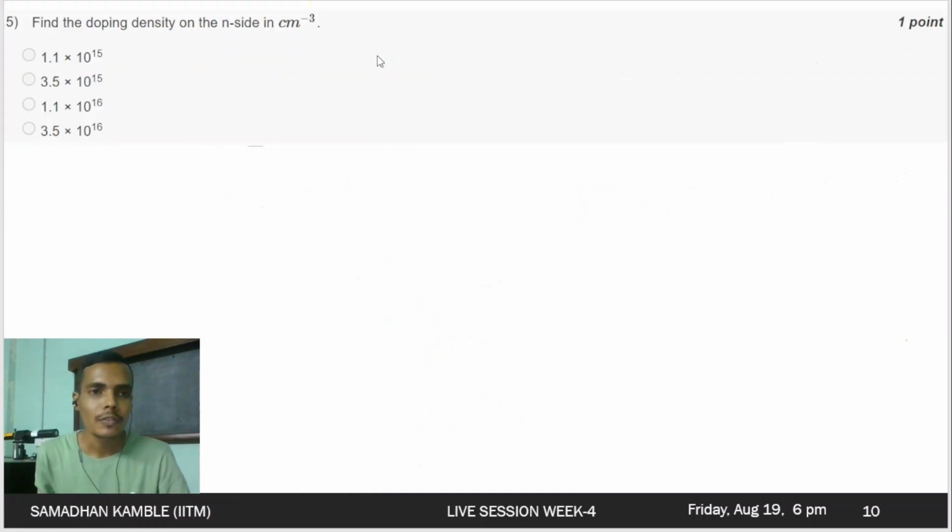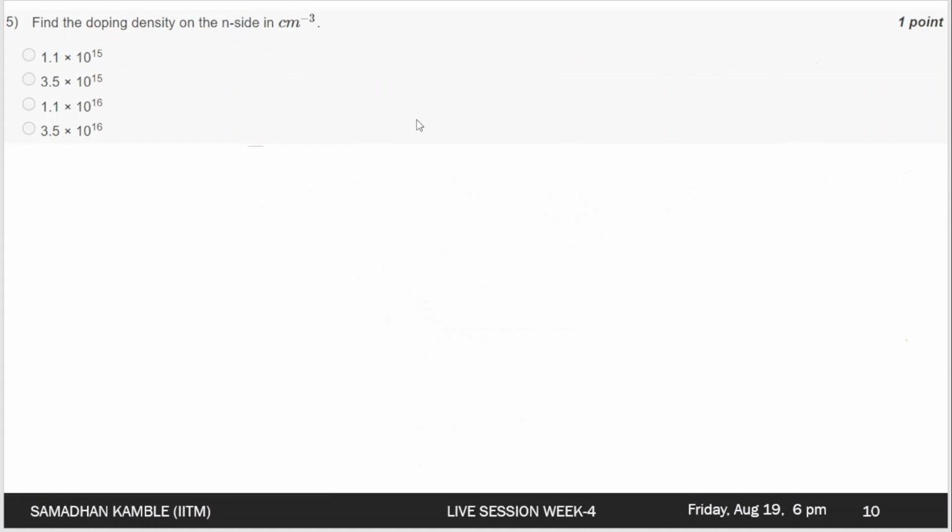Question 5 is: find the doping density on the n side in per centimeter cube. So the doping density is asked. We know that the doping density is given by the equation n is equal to Nc times exponential of minus (Ec minus Ef) by kT.